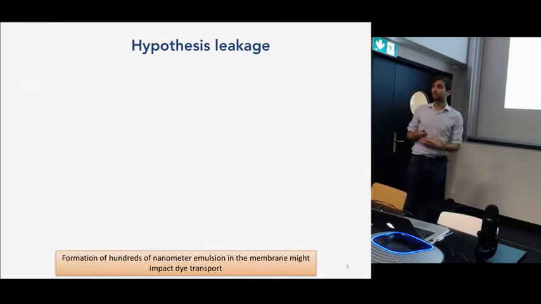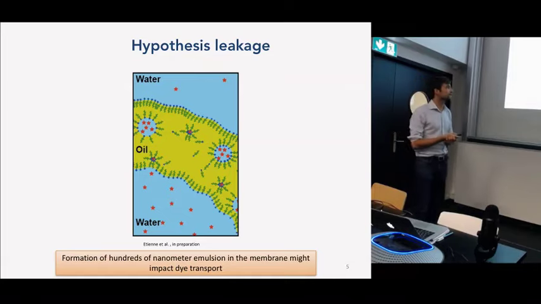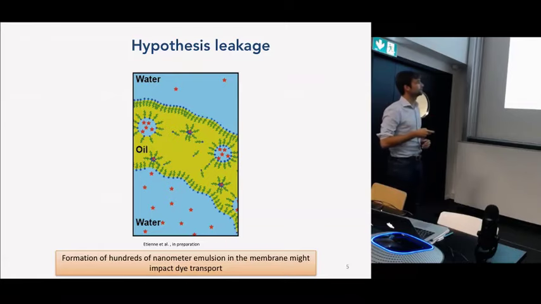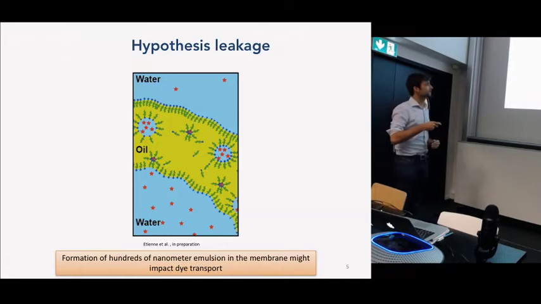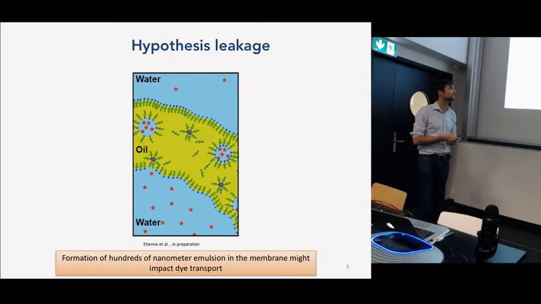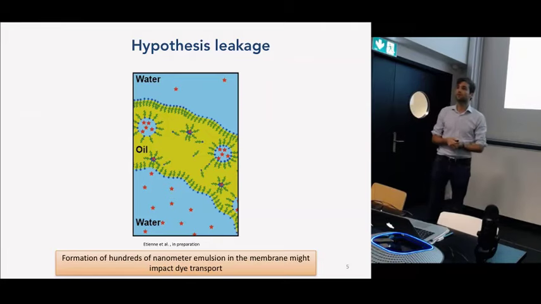We have different hypotheses, and this is something we're working on with Gianluca, another member in our lab. We made a different experiment to prove that. But basically here is the water inside the double emulsion, here is the membrane with the oil, and here is the outside. What we think is that those little stars here are fluorescent dye, and they get transported via tiny emulsions in the oil, which are about hundreds of nanometers that we measure with DLS.